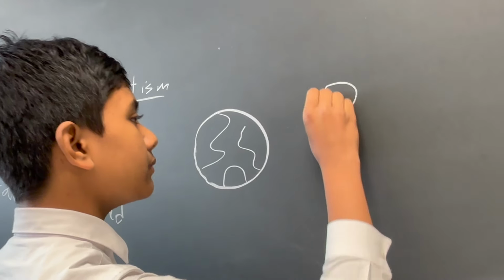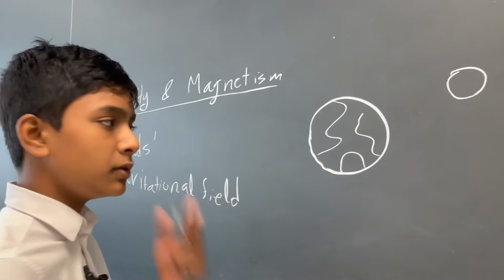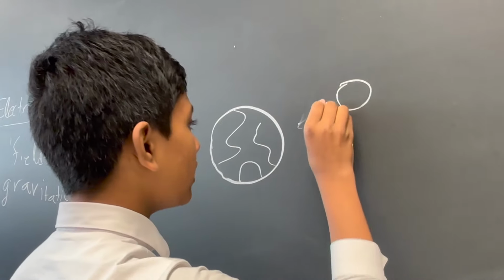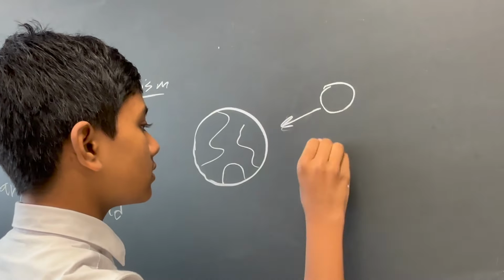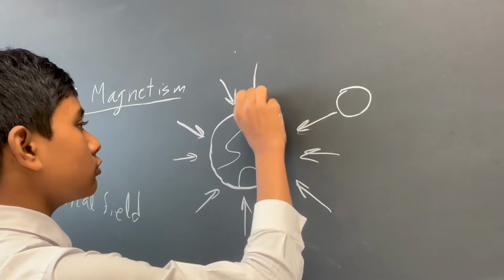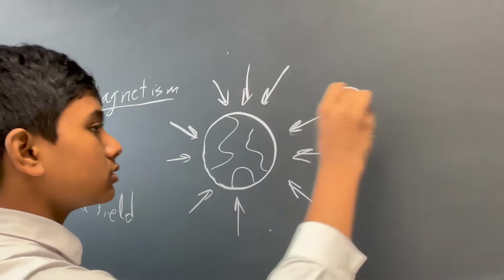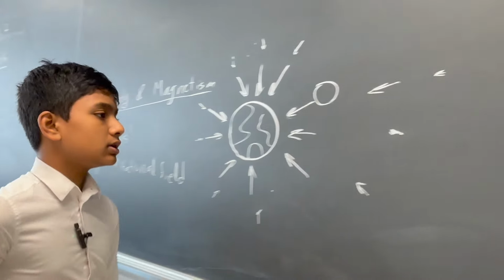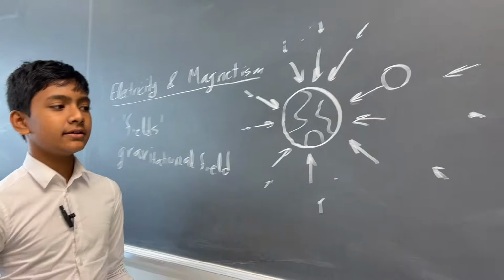Well, if there's something in the distance, like for example the moon, the Earth attracts that thing towards itself. So, it has a gravitational field that gets stronger and stronger as you get closer to it. It dissipates as you go farther away, but it's always there, even if it's just the tiniest little pull. So that is a gravitational field.